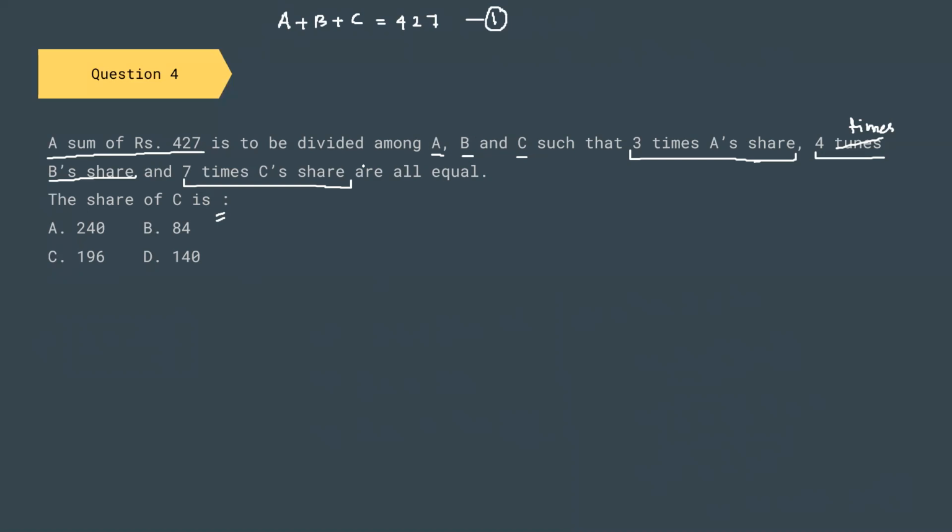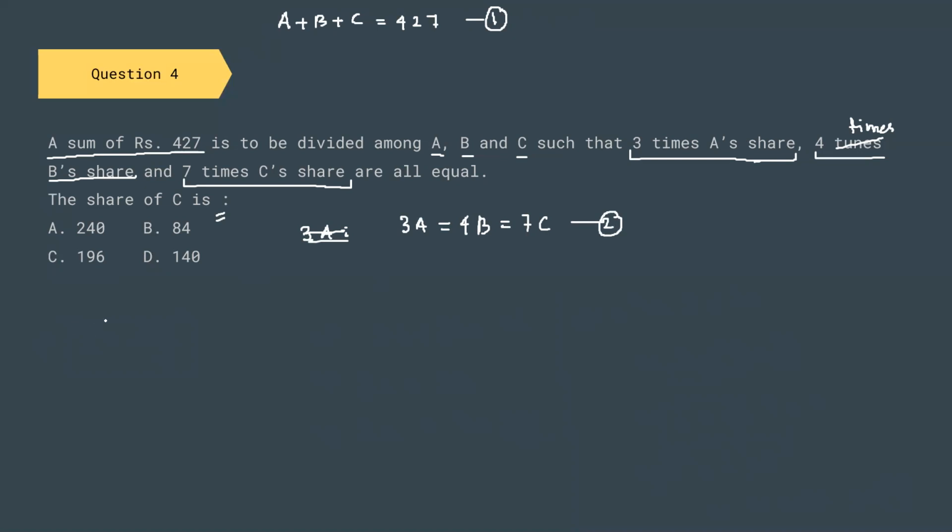Now in the second relationship, they are saying that 3 times of A's share is equal to 4 times of B's share is equal to 7 times of C's share. That is equation number 2.